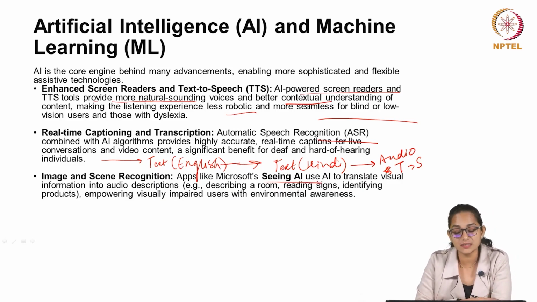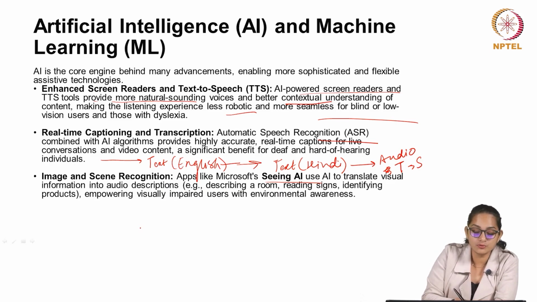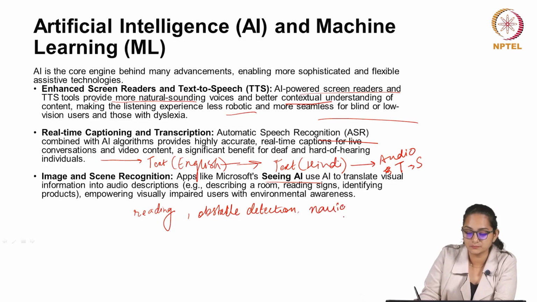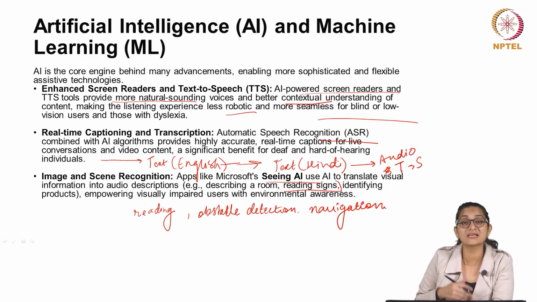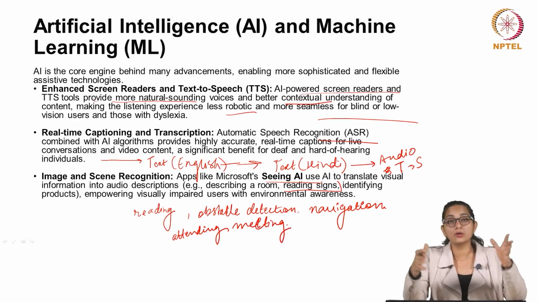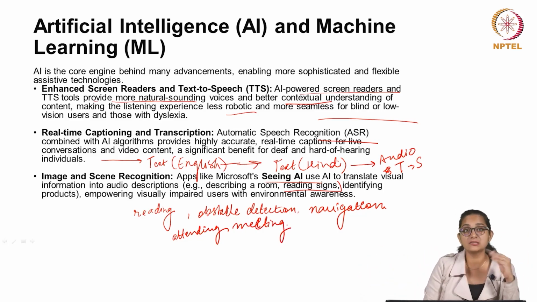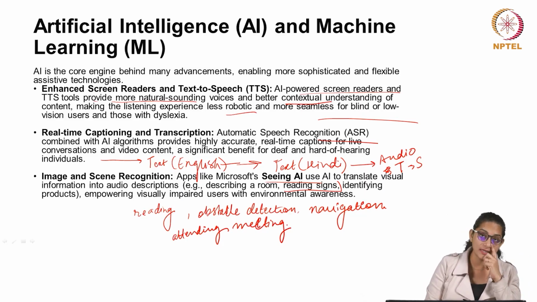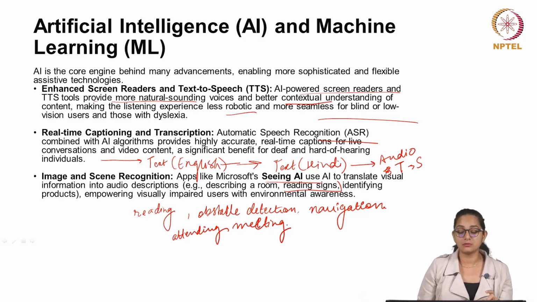So something like Microsoft Seeing AI is now able to do real time reading, image analysis, obstacle detection, navigation, etc. Reading signs, describing a room, attending meetings, telling the person with visual impairment who all are sitting at the table, which person is sitting on what side of you, and all of those aspects can be really helpful in the social inclusion part of it.